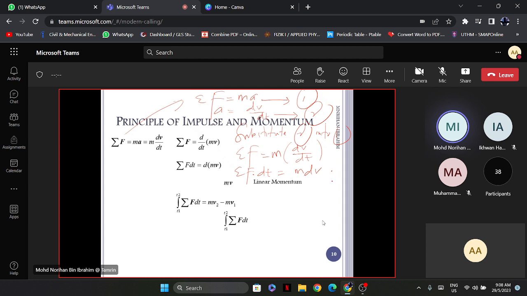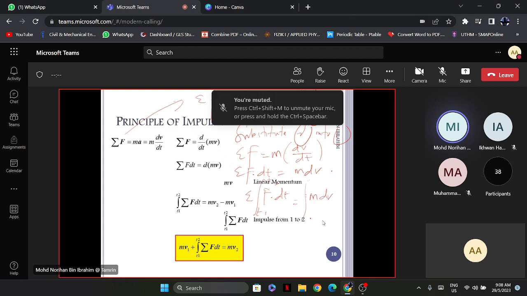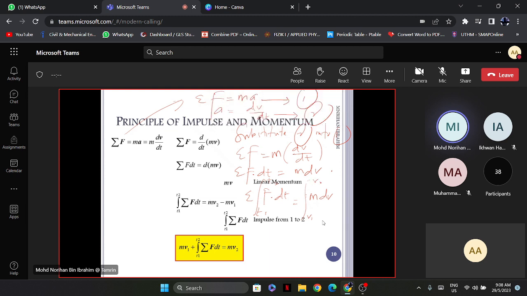Once we have this equation, what we need to do is integrate both the left and right sides. I can write it down simply like this as well: integral of F dt from t1 up to t2 is equal to integral of m dv from v1 up to v2.